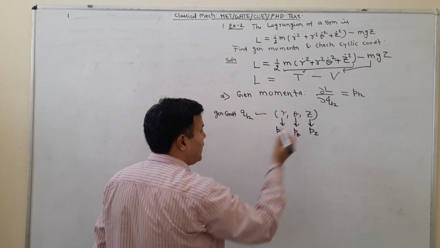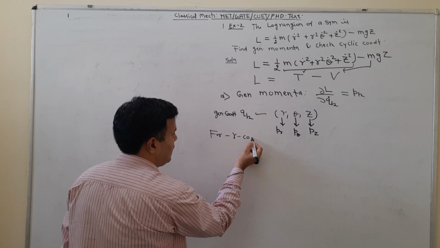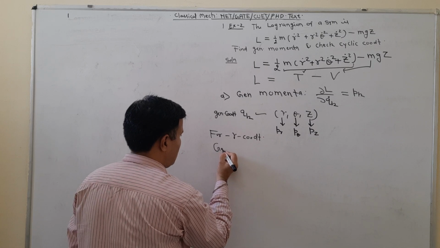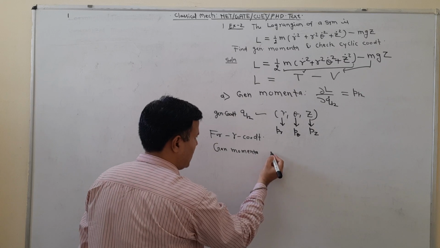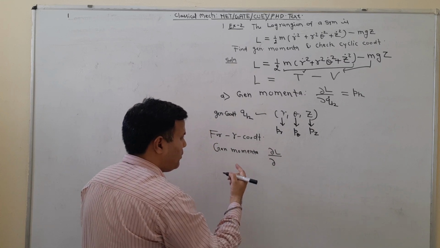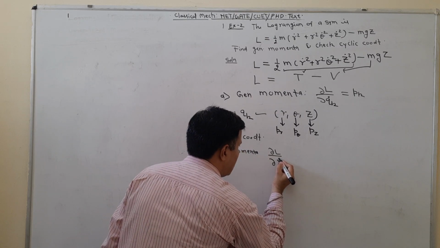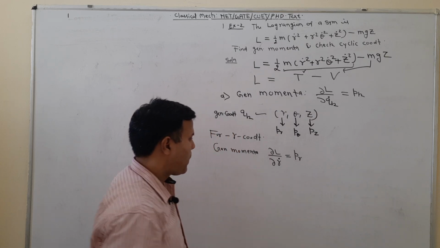This is the general profile. So for the r coordinate, what is our generalized momenta? Momenta is simply del L upon del q_k dot, but in this case our q_k is r, so del L upon del r dot is p_r.